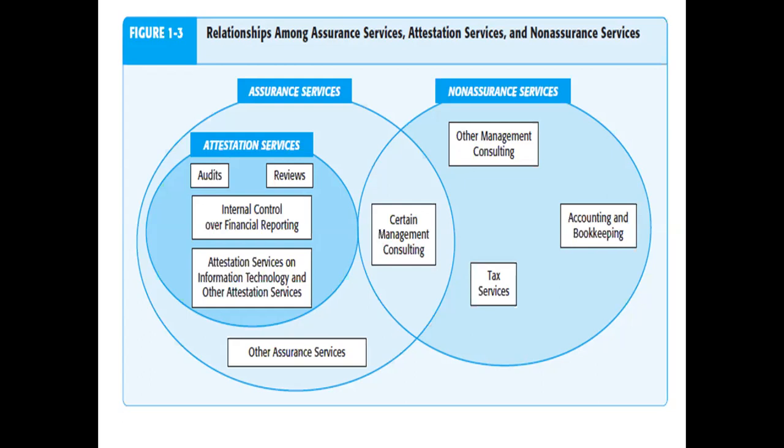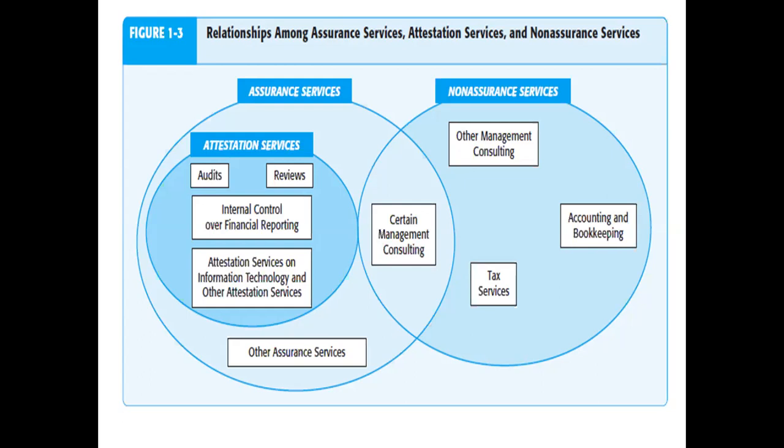First of all, the CPA firm provides many types of services, which are classified into two categories: assurance services and non-assurance services. As you know from the previous lectures of the first semester, assurance services are divided into two types: attestation services and other assurance services.